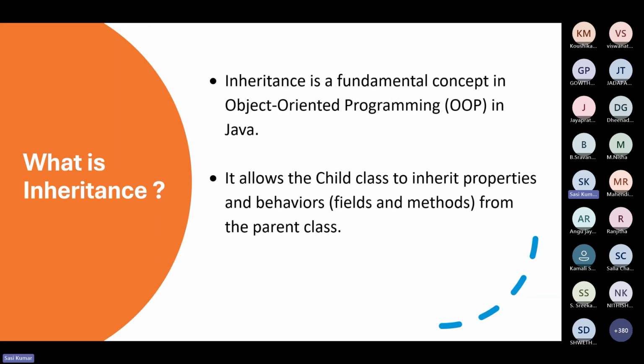So instead of duplicating the code, duplicating the information everywhere, what you do is keep the information in one place. Whoever needs it, let them make use of it. Say for example, credit cards need certain information: go to the base class, get the details, make use of it.